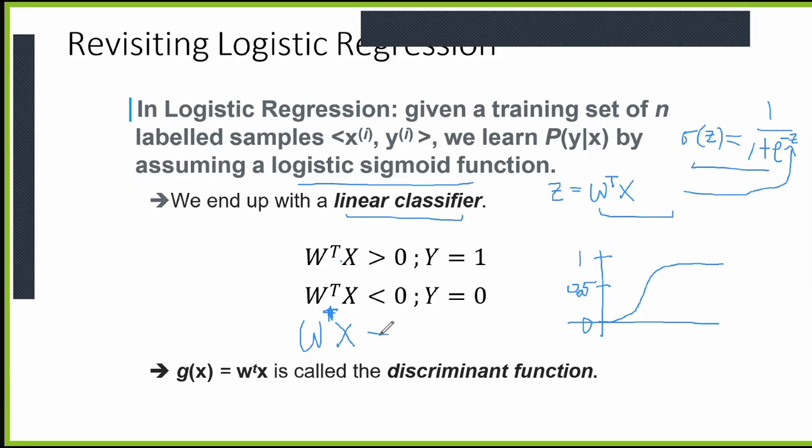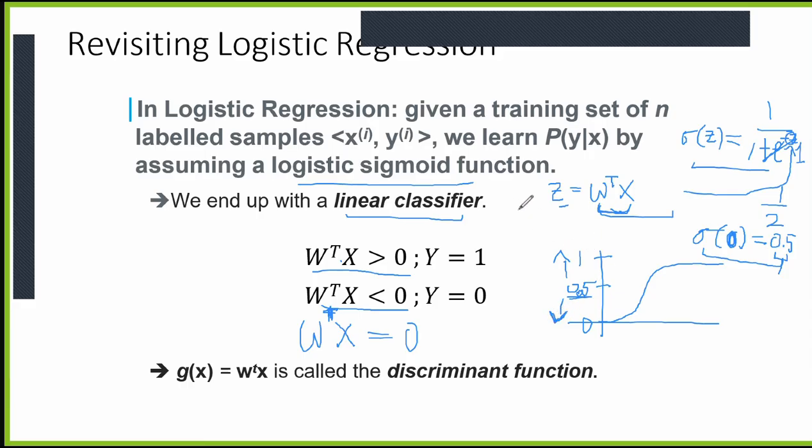When Wx, which is basically z, is equal to 0, this term will be 1/2, which is 0.5, meaning all the logits that are above 0 will translate into above 0.5, and all the logits that are lower than 0 will translate into less than 0.5.